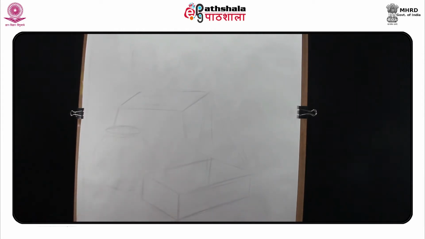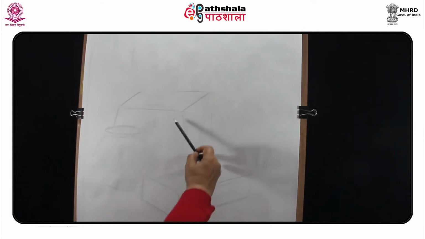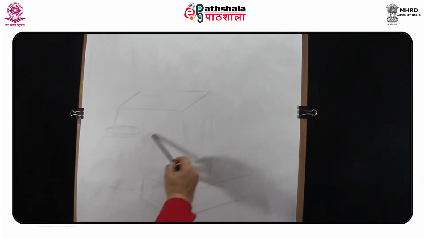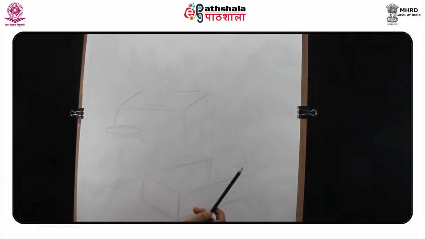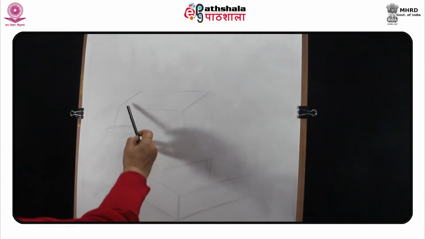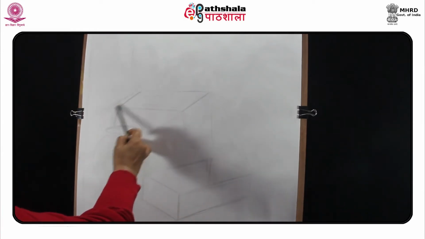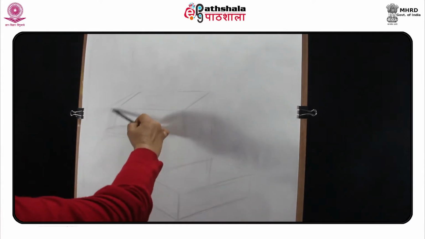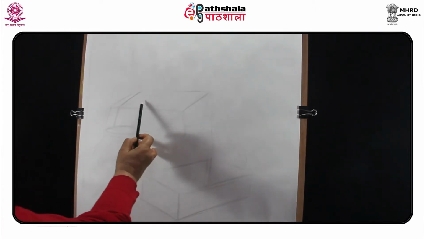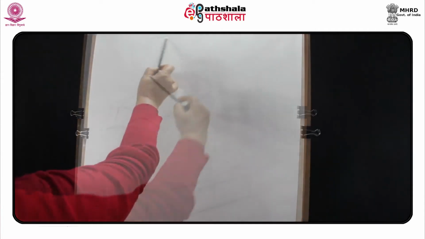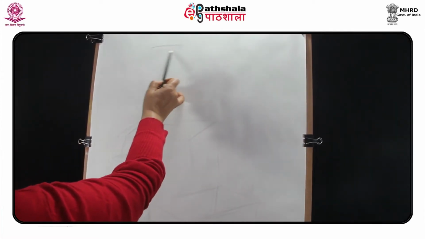Using your HB or B, start near the top of the pot and draw the outline, following with your eyes slowly along the outside of the shape and letting your hand follow. Now I draw the upper pot.